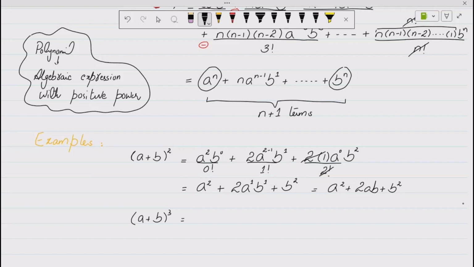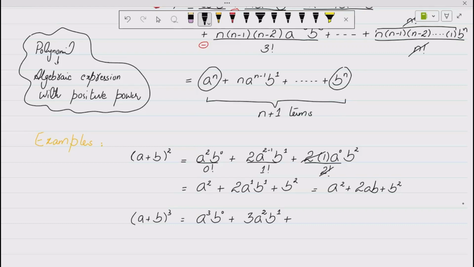First a to the power 3, b to the power 0, plus now a to the power 3 minus 1. We subtract 1 from the power. So 3 minus 1 is 2, b to the power 1.